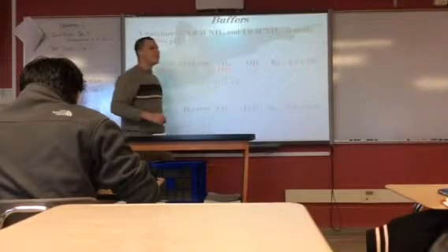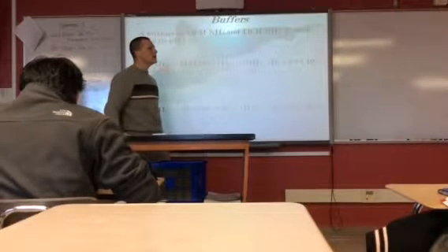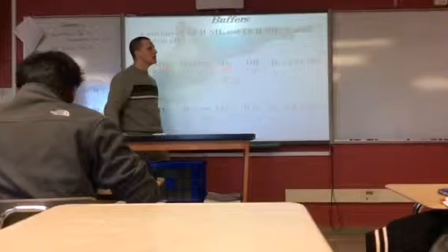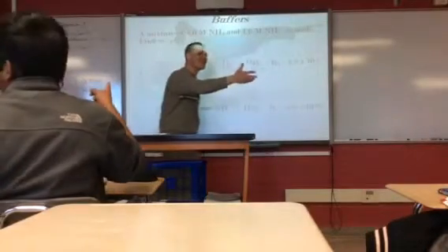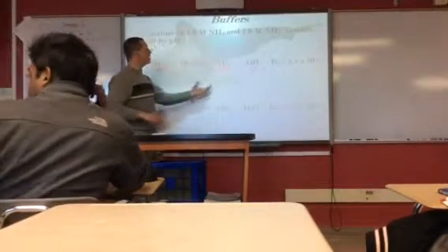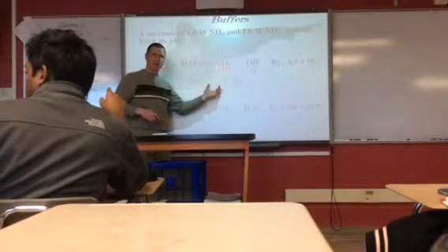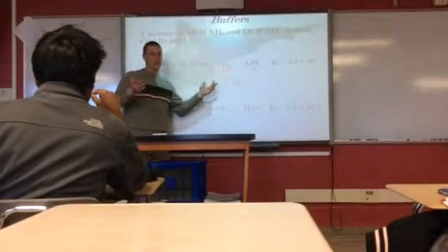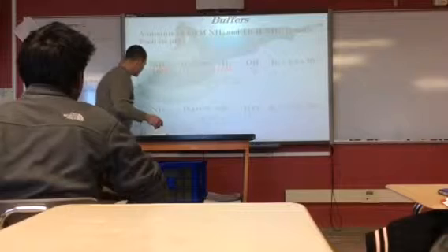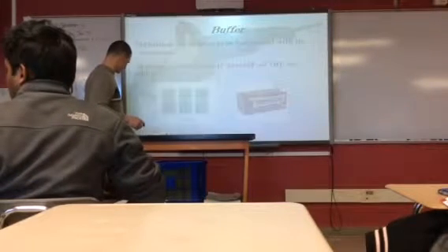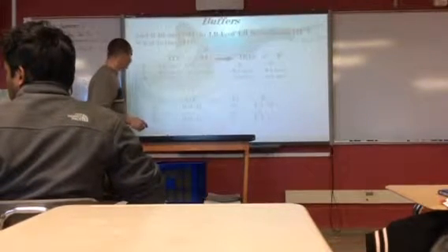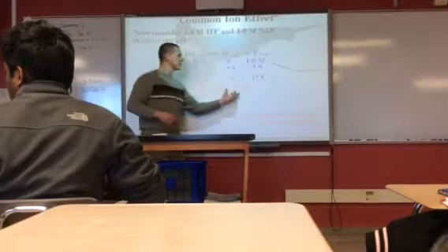But the type of buffer it is depends on whichever is stronger. Yes, I was just going to say that. You're very insightful. Notice that this buffer is a basic buffer. It's got a pH in the 9s. The HF buffer that we did yesterday had a pH of 3.14.